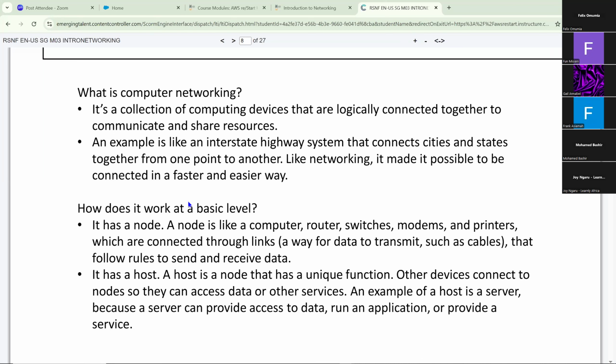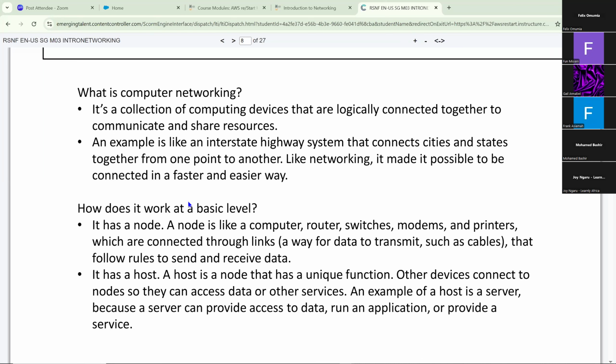So here is a simple illustration of a basic computer network. You can see we have a switch here. We have computer A, computer B, and computer C. These three computers are all interconnected through this switch, and each of these computers has what we call the network card, the NIC, the network interface card.